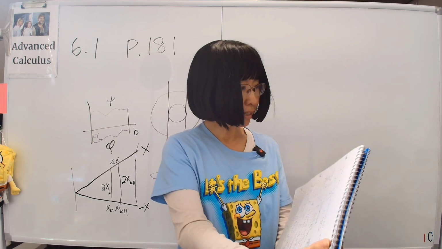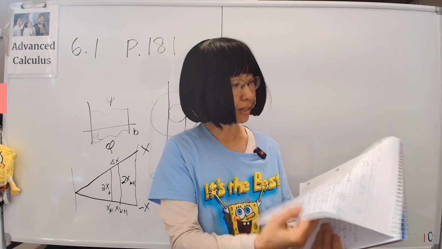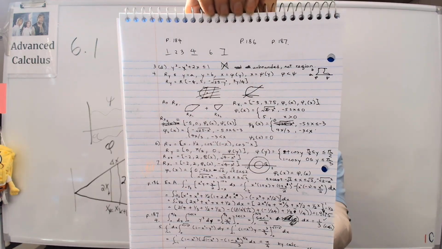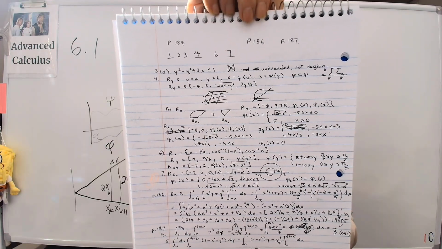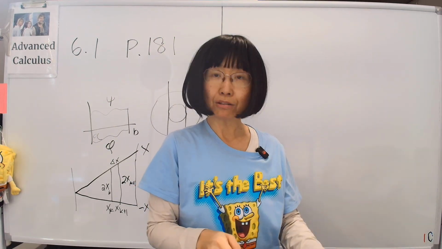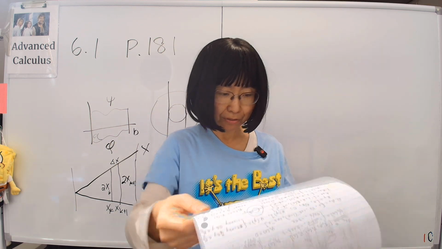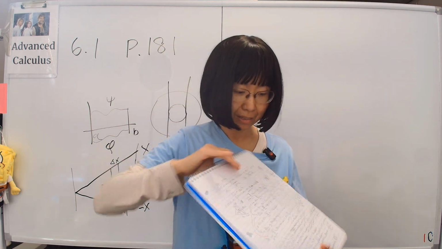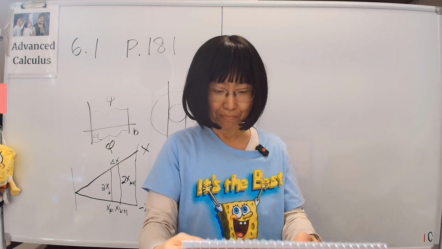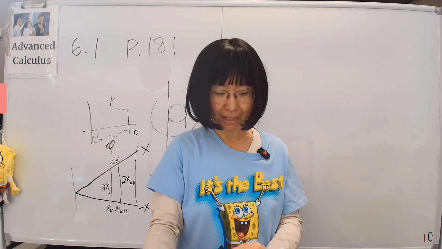So for homework on page 184, please do problems 1, 2, 3, 4, 6, and 7. Okay, and I'm not going to talk about the homework because they are very, very simple. Well, they might take a while, but actually I don't think they even take that long.